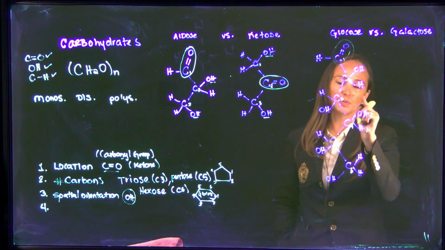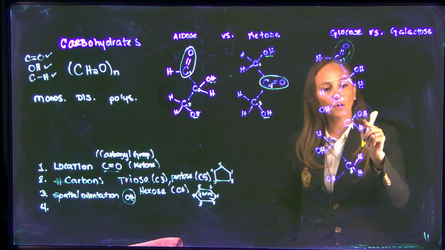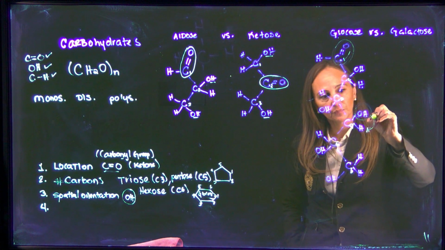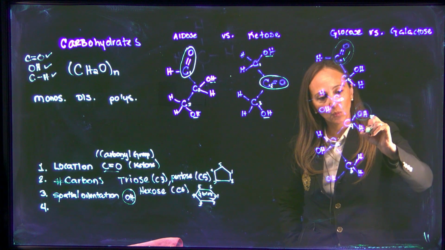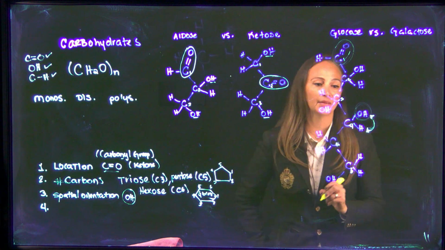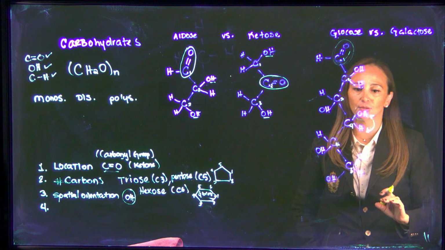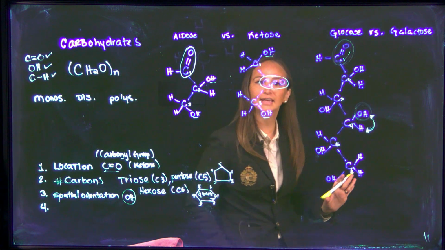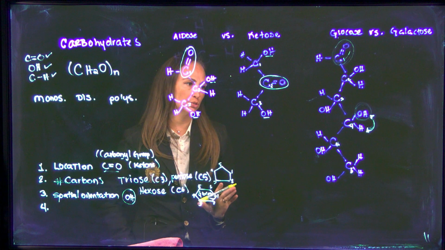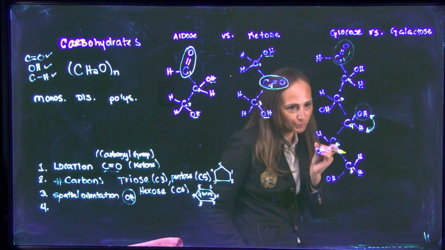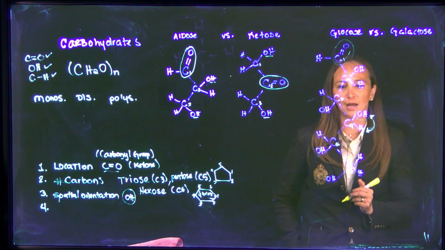In glucose, it should be facing up, right? If I flip these two, the hydroxyl group with just the hydrogen right there, it will give us a completely different molecule. It will give us galactose. And just like that, it gave us a completely different type of sugar, just by making a tiny rearrangement in that molecule, right?